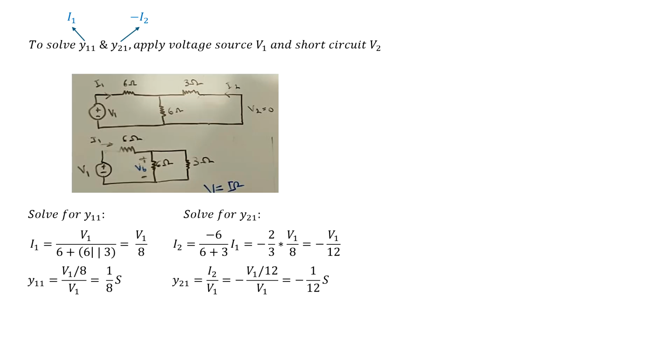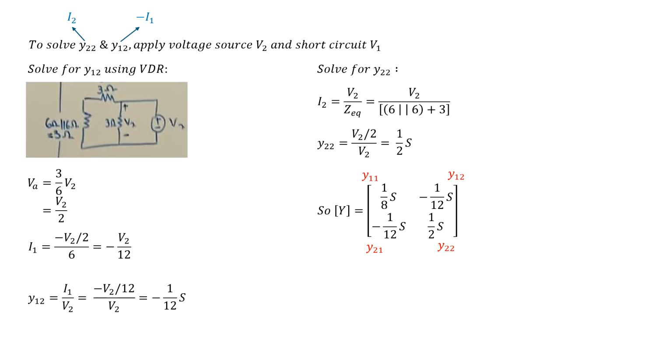Next, for y21, it's also simple. You just apply the voltage divider rule and you get y21, which is negative 1 over 12 Siemens. Then to solve for y22 and y12, you have to apply the voltage source V2 and short circuit V1.